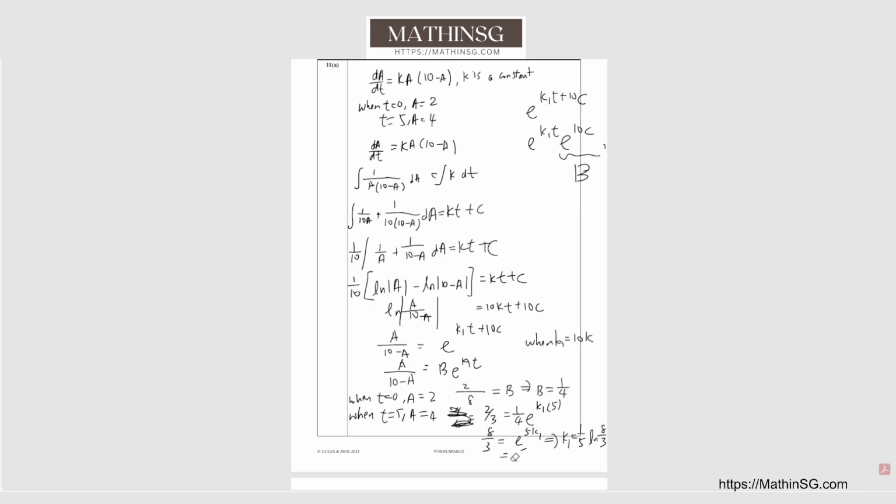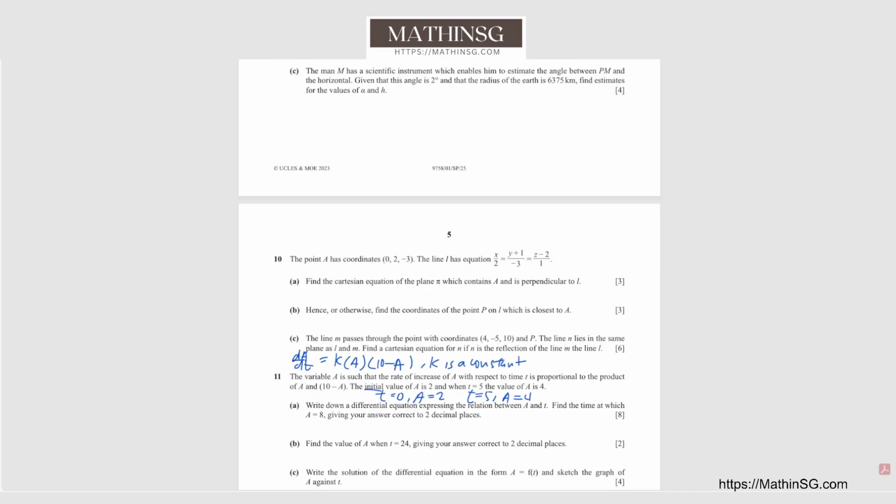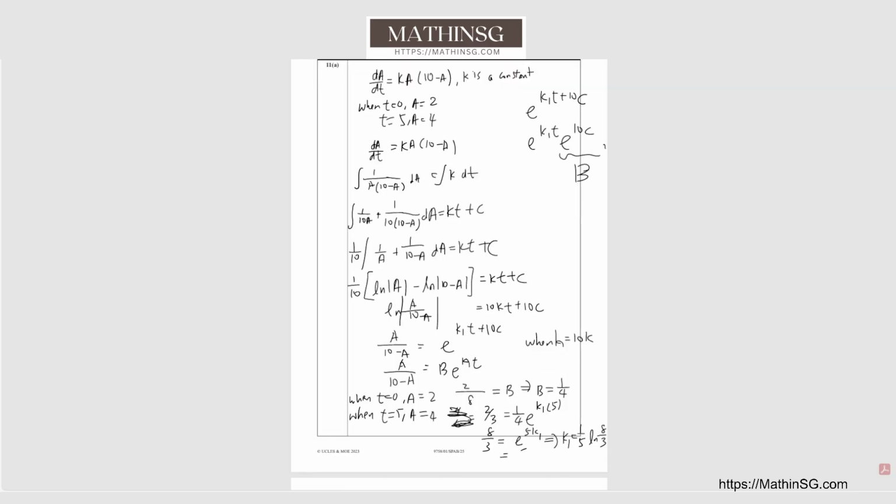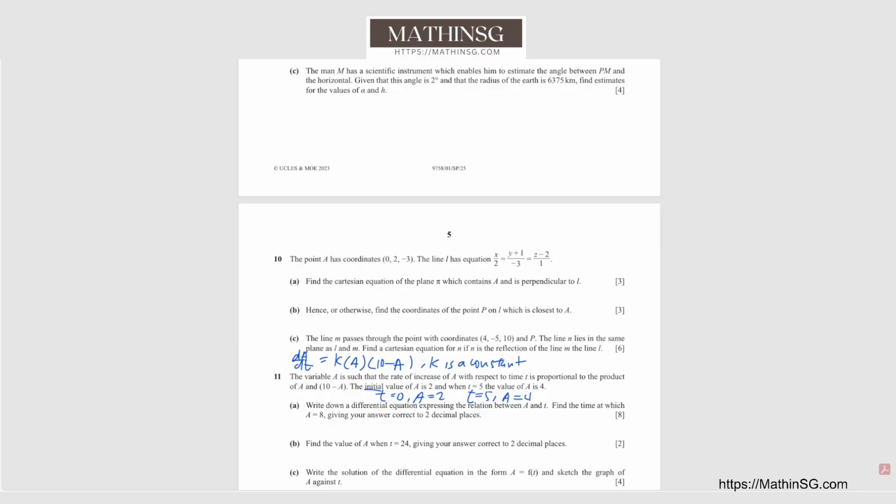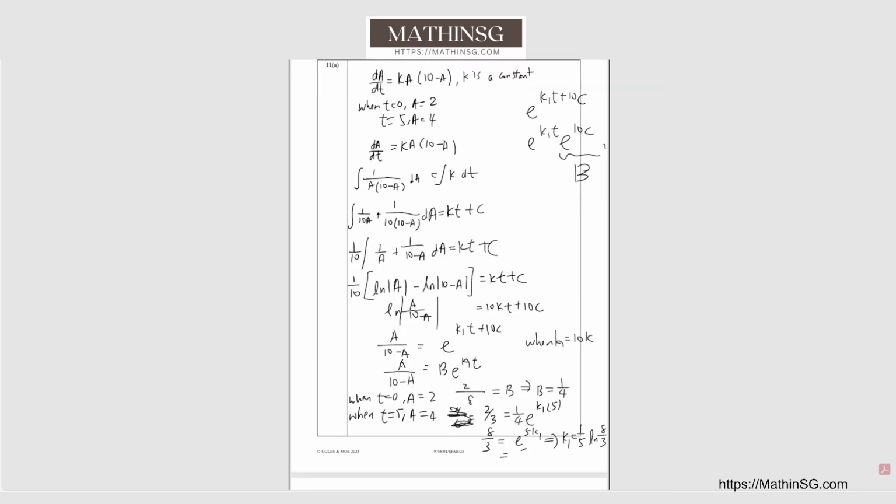I need to answer the question. I'm supposed to find the value of t when a is 8, correct to 2 decimal places. So let's do it. A is 8.